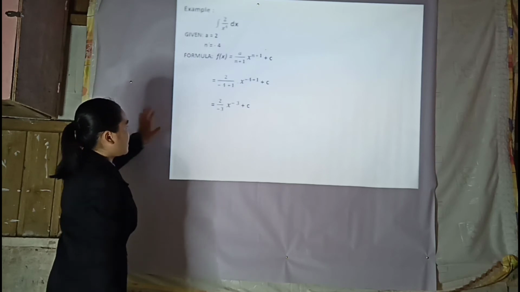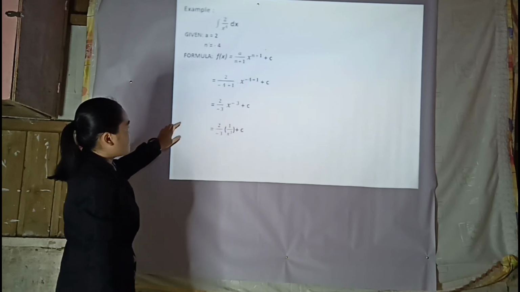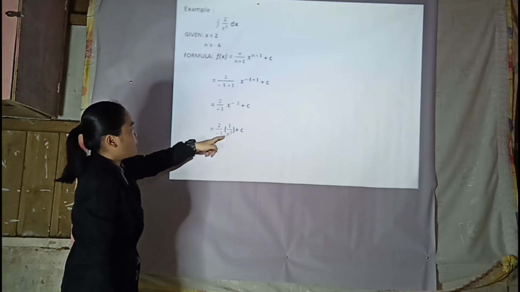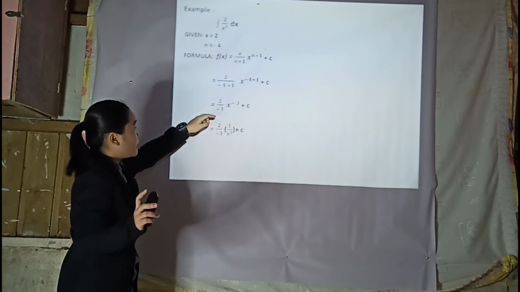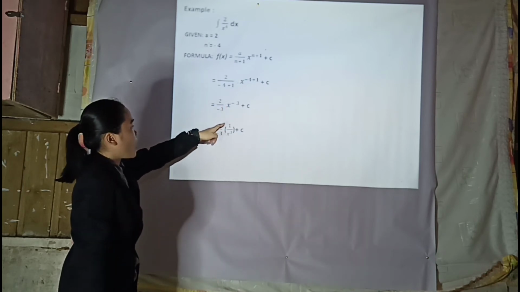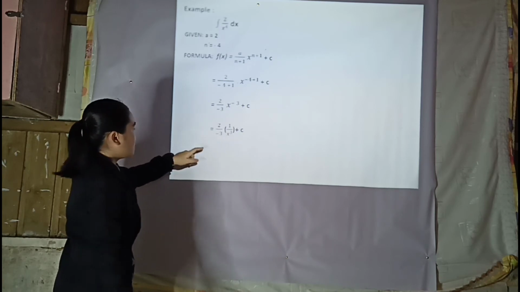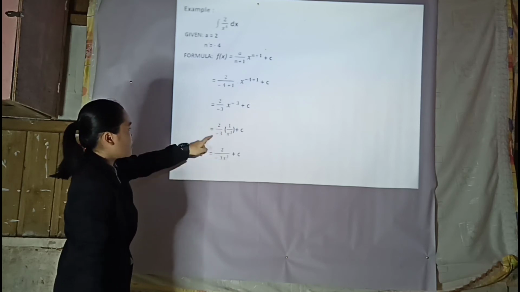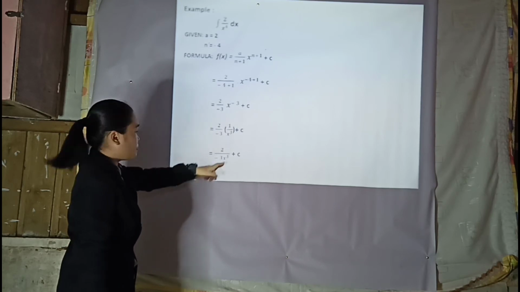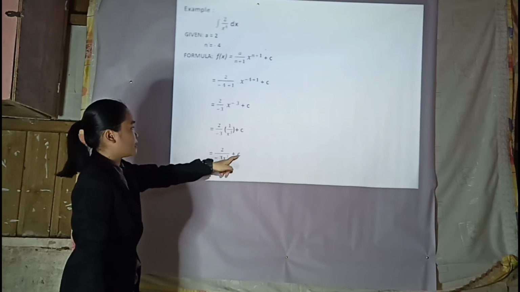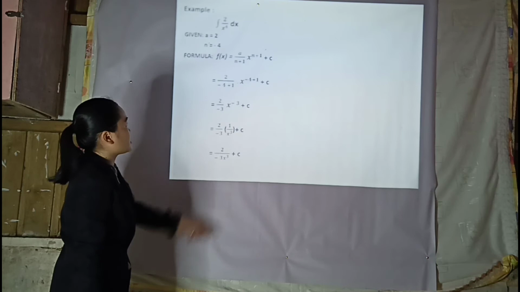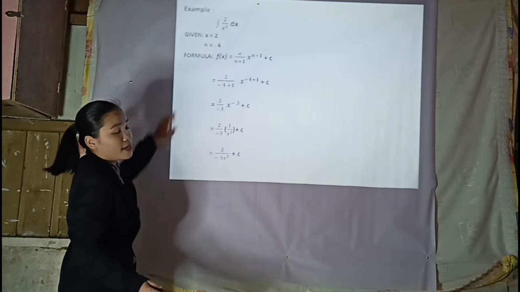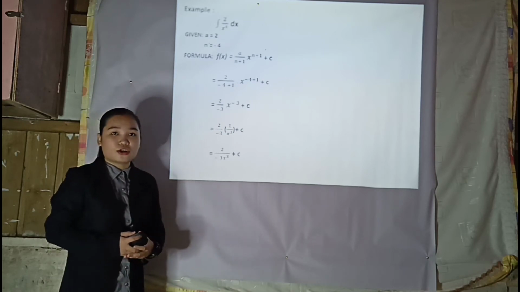So, we will simplify it. 2 over negative 3, we will multiply by the reciprocal of x raised to the power of negative 3, so 1 over x cubed, plus c. So 2 times 1, we have 2 over negative 3 times x cubed, we have negative 2 over 3x cubed plus c. So, this is now our final answer for the integral of 2 over x raised to the power of 4 dx. So, any question?